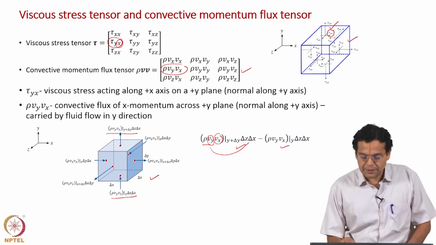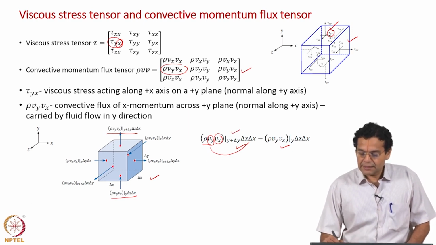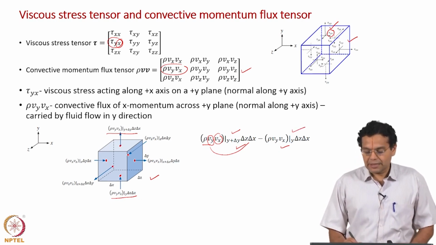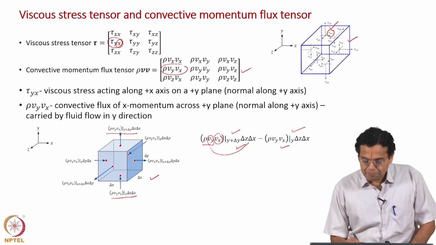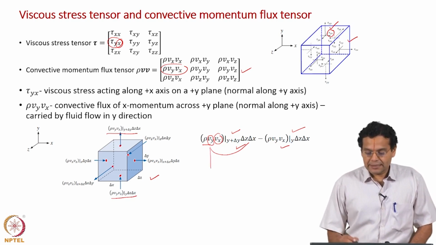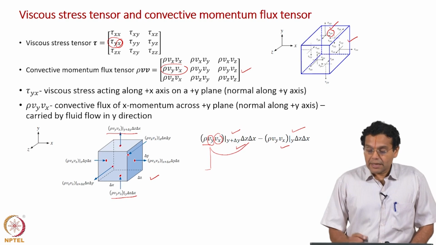Of course, this represents whatever is leaving, this represents whatever is entering, but what we should take forward is that we have a velocity in the y direction, and that is a volumetric flux, and multiplying by rho gives mass flux, multiplying by area gives mass flow rate, into velocity gives you momentum in the x direction.